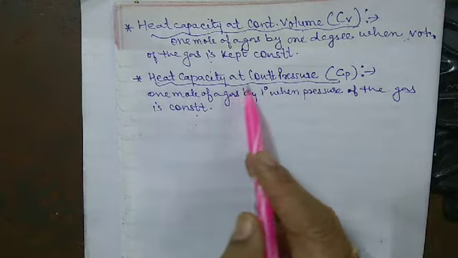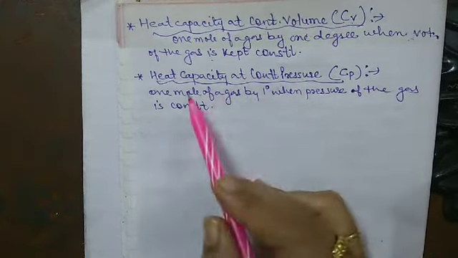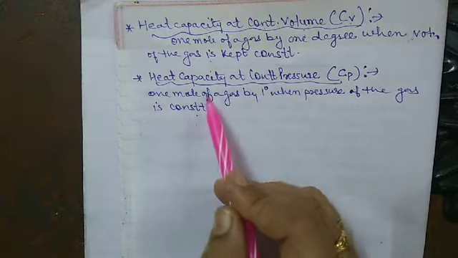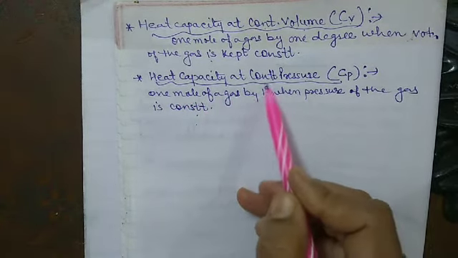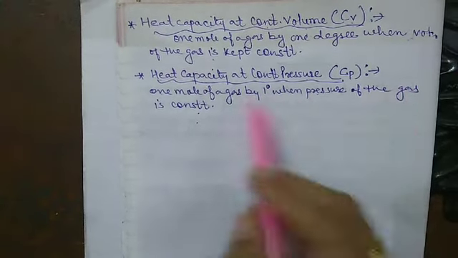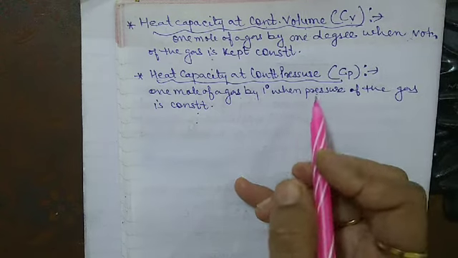So the heat capacity at constant pressure is the amount of heat required to raise the temperature of 1 mole of a gas by 1 degree, when the pressure of the gas is constant.